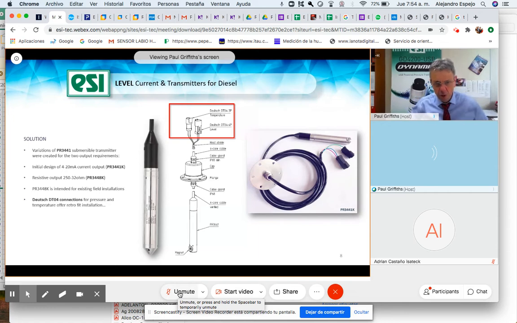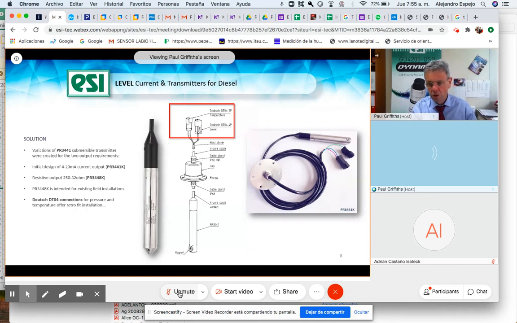Sometimes you can fit brackets into the tank. The difficulty with this application is that the access to the top of the tank was very limited. I think maybe 400 millimeters. So it's very difficult to actually fix anything into the tank without removing it completely. But in other applications, there are ways of fixing the transducer into a position.